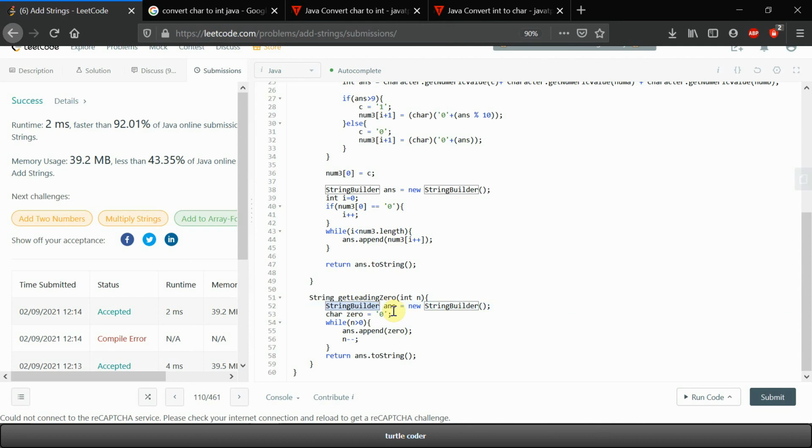Don't use string because strings are immutable. String builders are mutable and strings are not mutable, so they are constant. They can't be changed. And every time you try to increment the string over here, actually what we were doing is we were telling Java to create a new object and destroy the previous object, and it takes a lot of time.